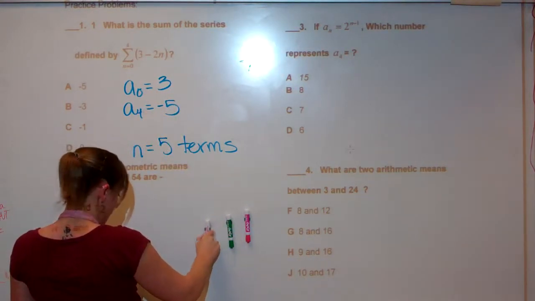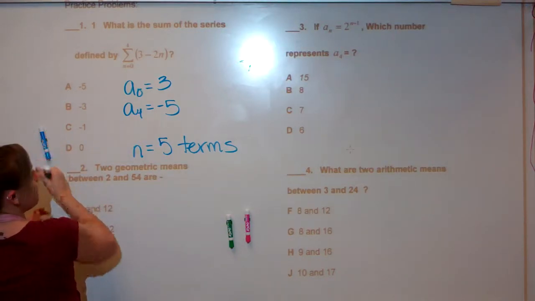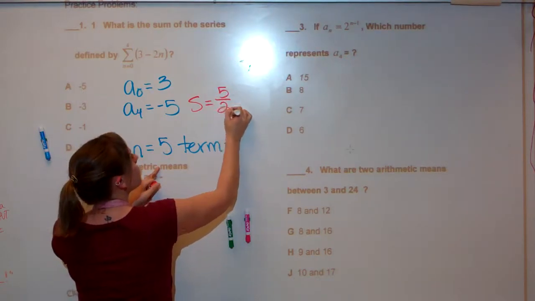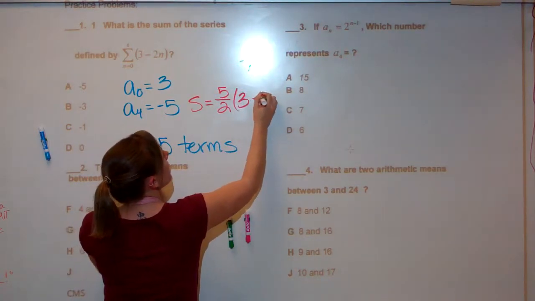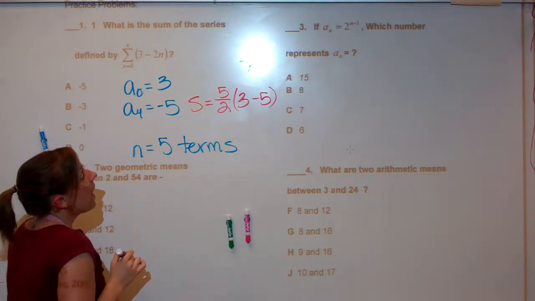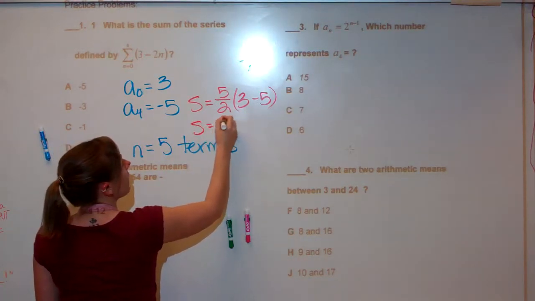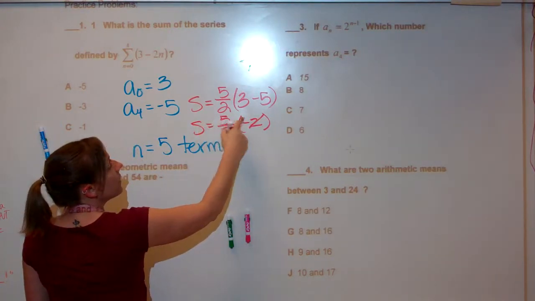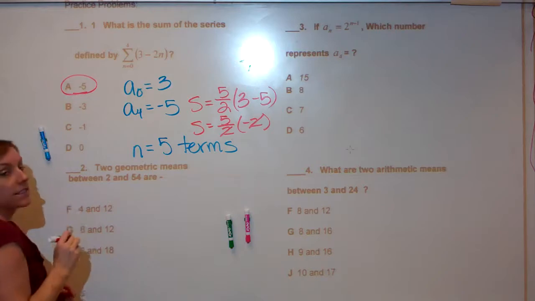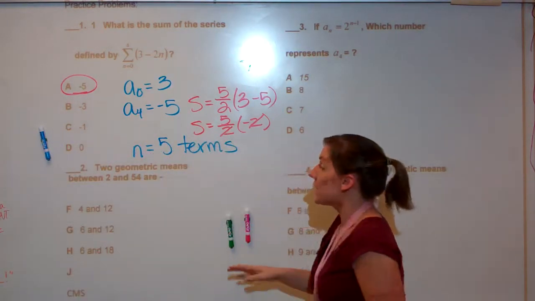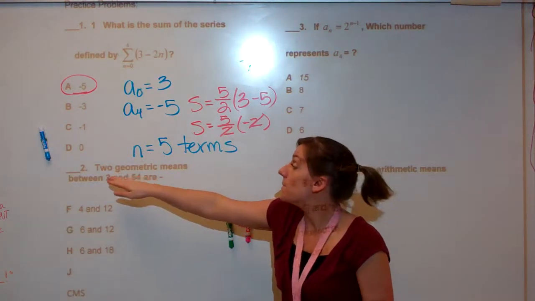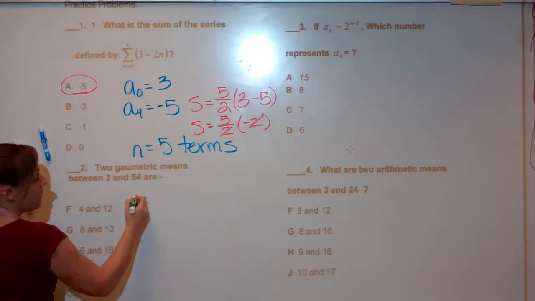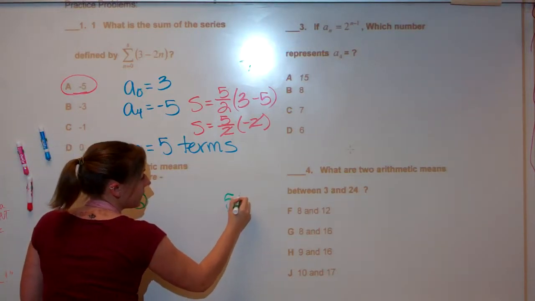So these three numbers in the sum formula are 5 over 2 times 3 minus 5 or plus negative 5. And when you put that into the calculator, that's 5 over 2 times negative 2. Those two cancel. 5 times that negative is a negative 5. Okay?